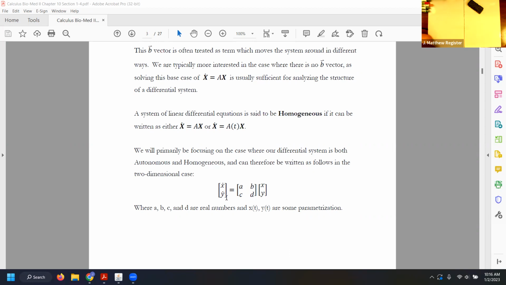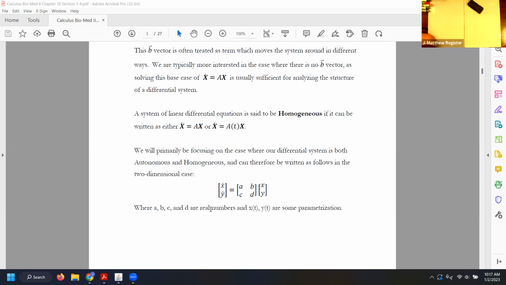We'll have y of t and y prime of t. And we could break this back into equation form. And so this would be x prime of t is equal to ax plus by, and y prime of t is equal to cx plus dy. And so we can go back and forth between those two if we want to.